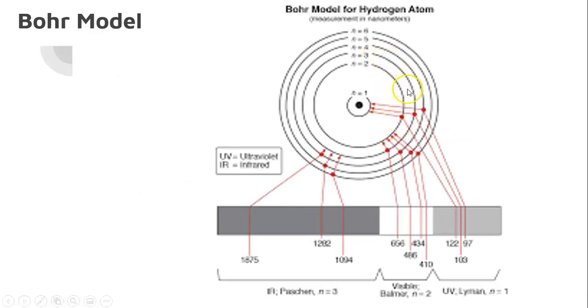I'm going to find 3. I'm going to find the arrow that goes to 2. I'm going to follow it down. It's 434. So I'm going to find what color that is, and that should be violet. Okay, so violet, not ultraviolet, just violet.